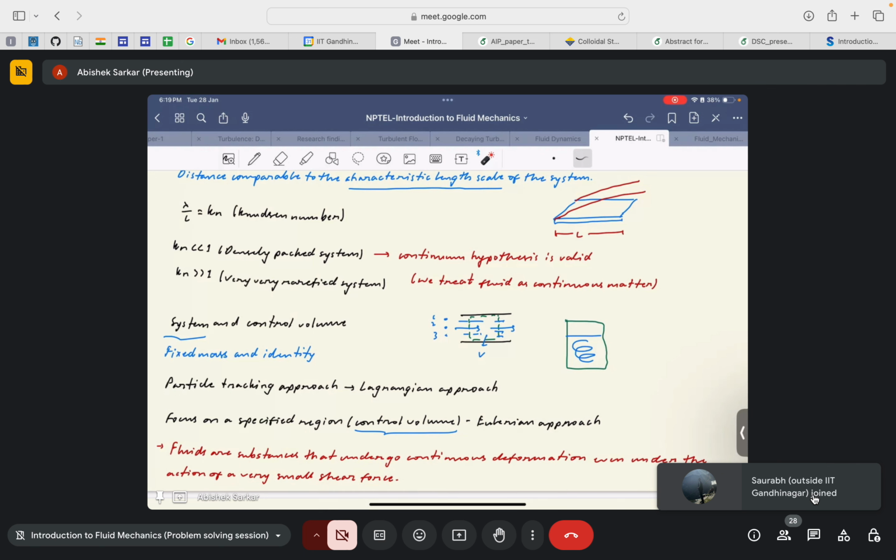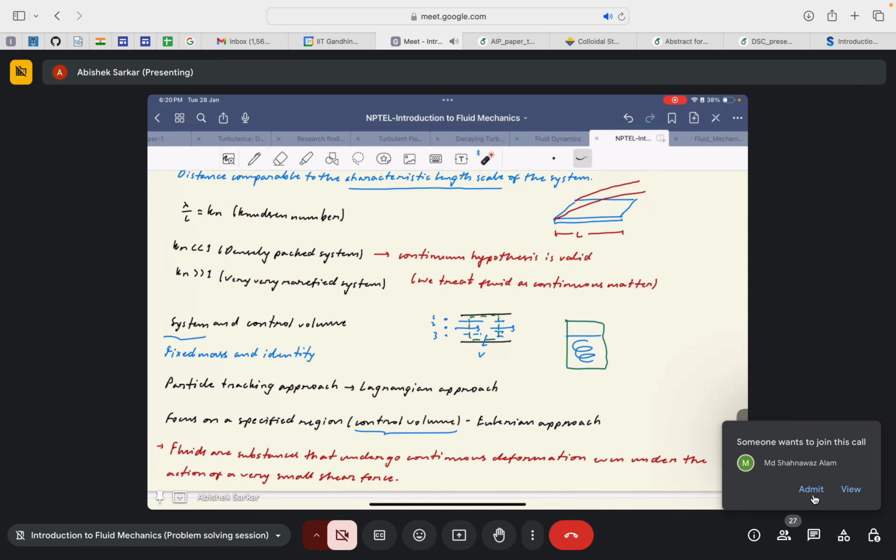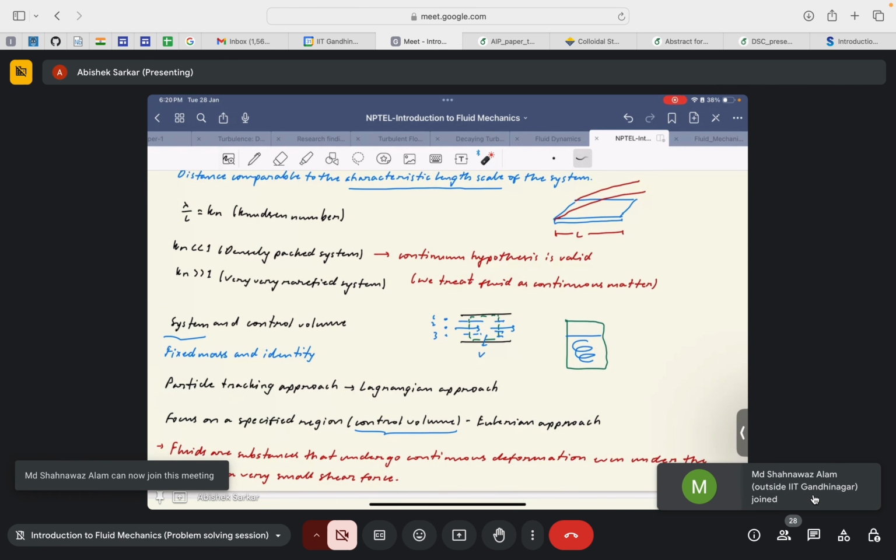The other limit is when the Knudsen number is much, much greater than 1. In that case, it's a very rarefied system, and we cannot treat it as continuous matter. All the basics behind the Eulerian approach of studying fluid mechanics, we will eventually see, turn out to be a mathematical analysis of these kinds of systems.